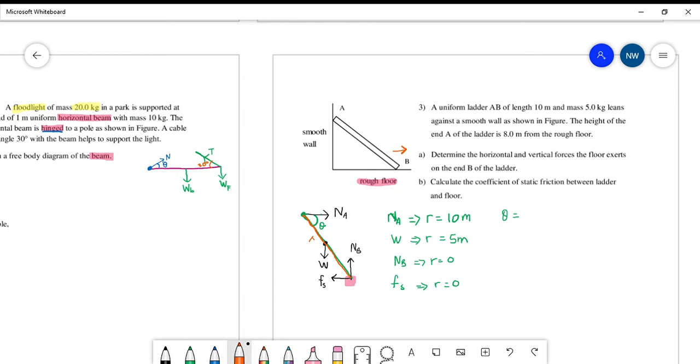Jadi daripada situ, maksudnya angle dia ni kita nak cari, kita kena buat the height of the NA of the ladder. So kita kena cari theta dia. Okay, the height of the NA of the ladder is 8 meter from the rough road. Jadi dia bagi panjang sini 8 meter. And dia bagi panjang ladder ni ialah 10 meter.